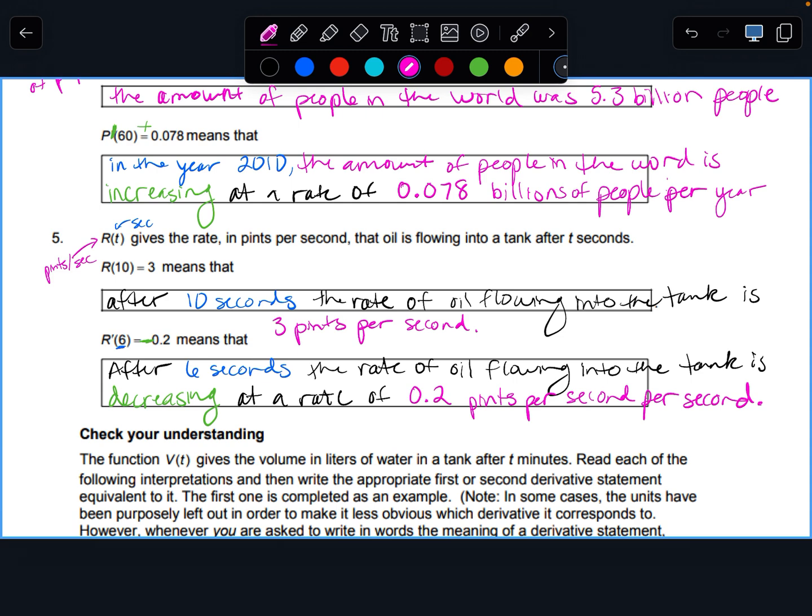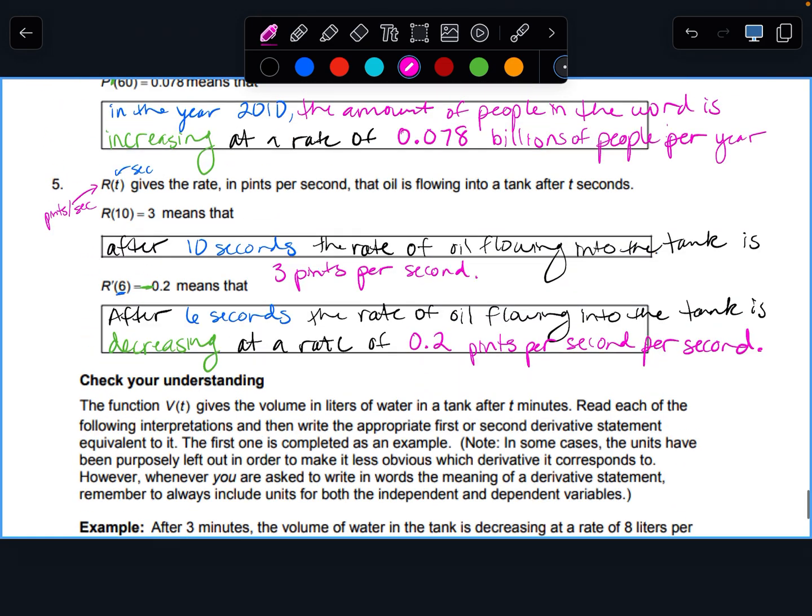I'm literally rewriting the rate in pints, reusing the words in the sentence. And then after 6 seconds, the rate of oil flowing in the tank is decreasing at a rate of pints per second per second. Per second squared is kind of weird because you're not really talking about straight up acceleration. You're talking about a rate of something. So they usually use the language per second per second. Any questions?